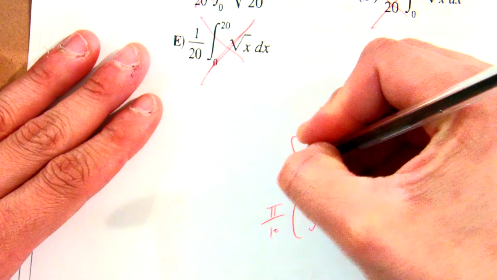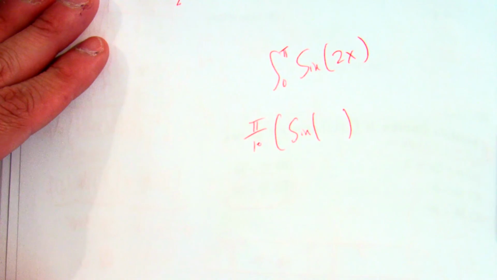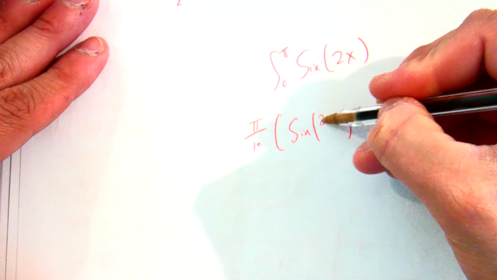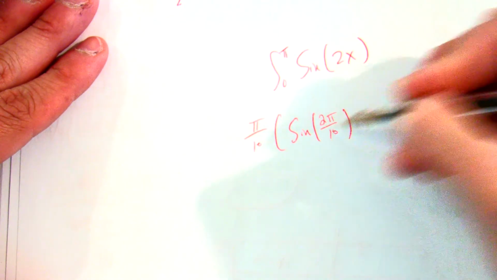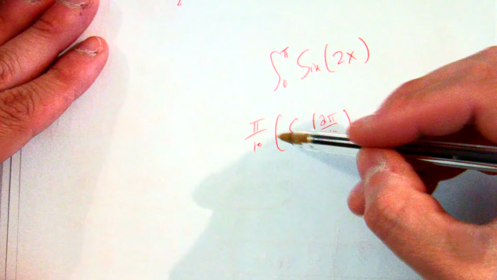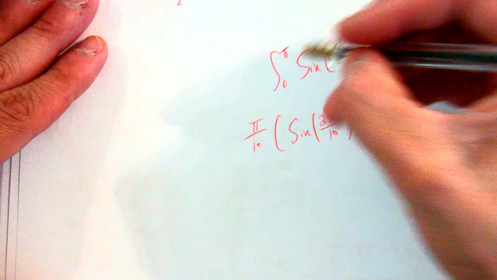No, we have 2 pi over 10. Why? Because you plug in, you add pi over 10 to 0.